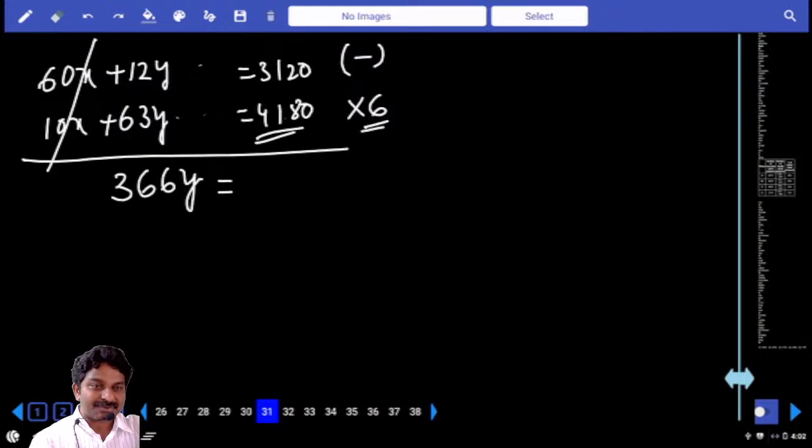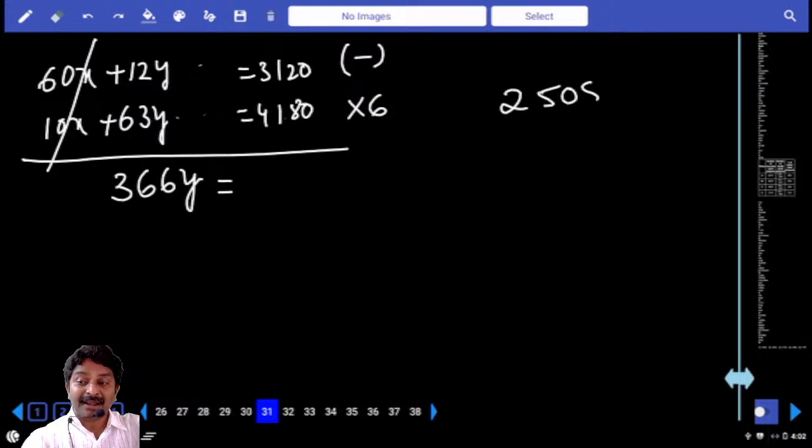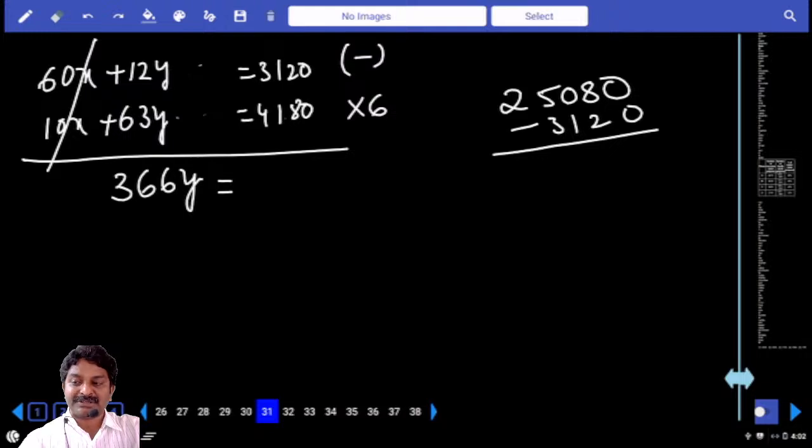418 6 times, 600 4 times, 2400. 18 into 6, 108. 2400 plus 108, 2508. And then one more 0 I am writing. From this we need to subtract 3120.